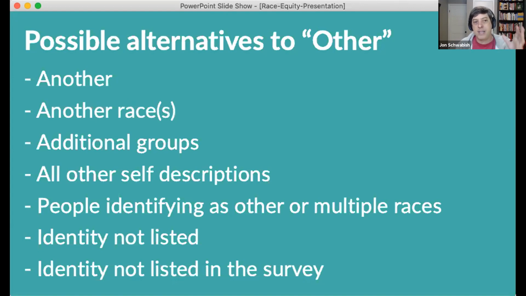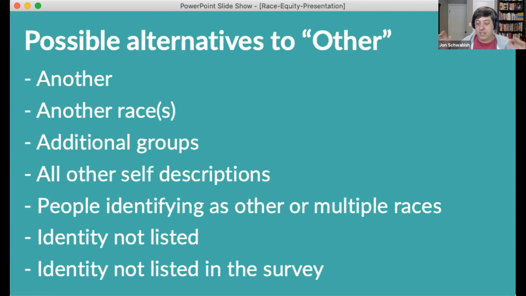They also have a more grouped version that has about 6 or 7 grouped categories. The one that always comes up, that bothers me the most, is Asian or Pacific Islander, because the Asian American community in the United States is very varied.